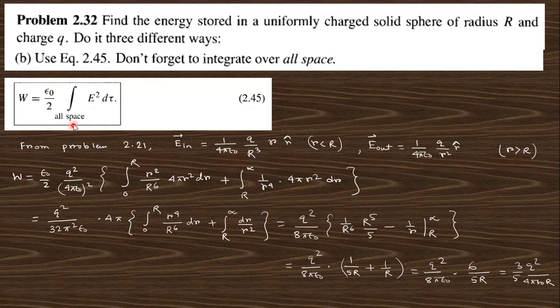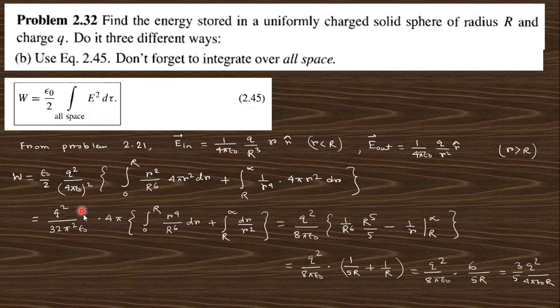There will be two regions, less than R, that is the inside, and the outside. For inside the electric field is this, and for outside this. If you integrate, you will finally get the same result as obtained before.